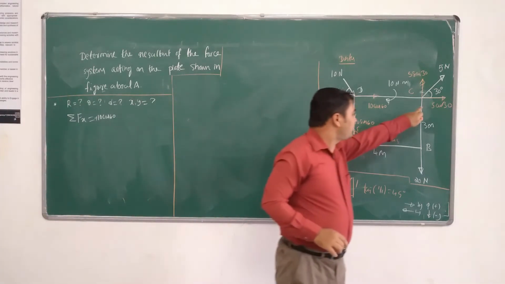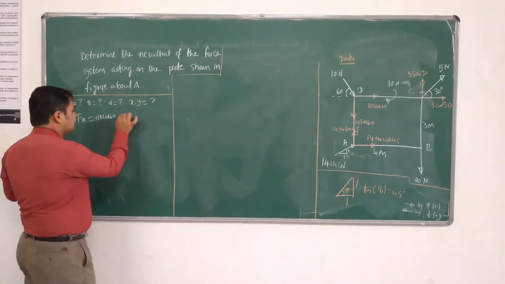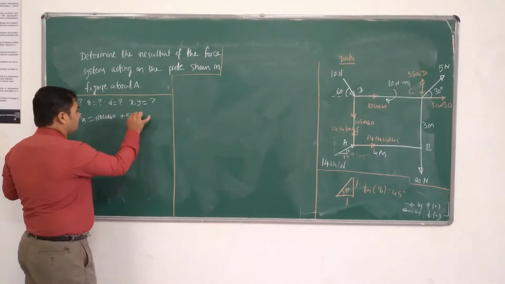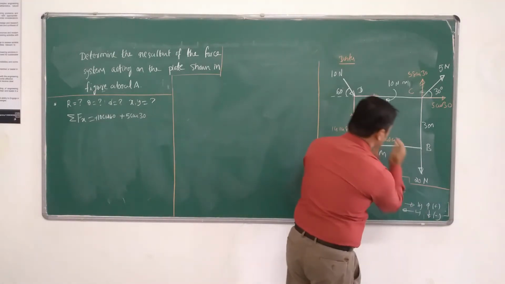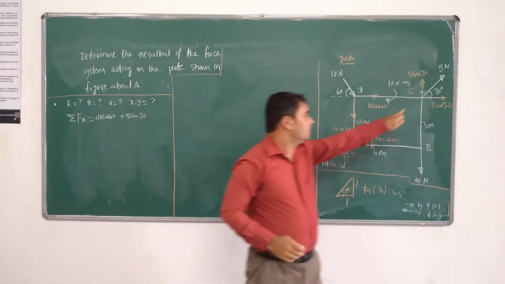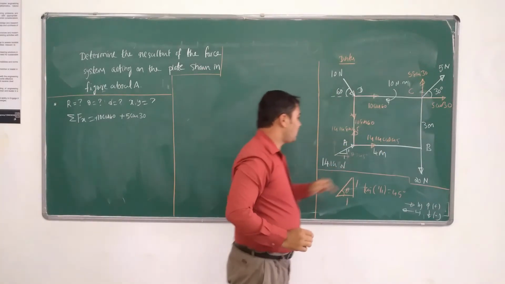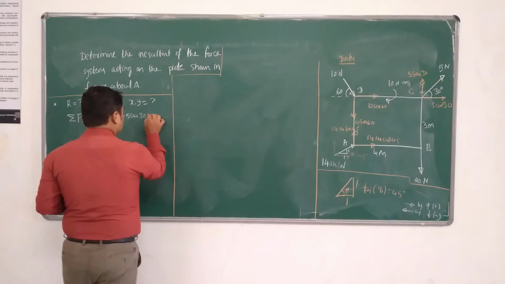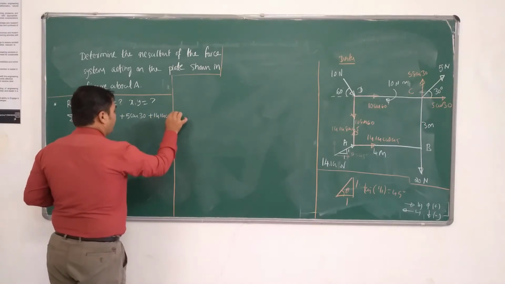Next force is 5 cos 30. So plus 5 cos 30, because according to my sign convention the force is acting from left to right, therefore it is positive. Next, the third force is 14.14 cos 45, so plus 14.14 cos 45.